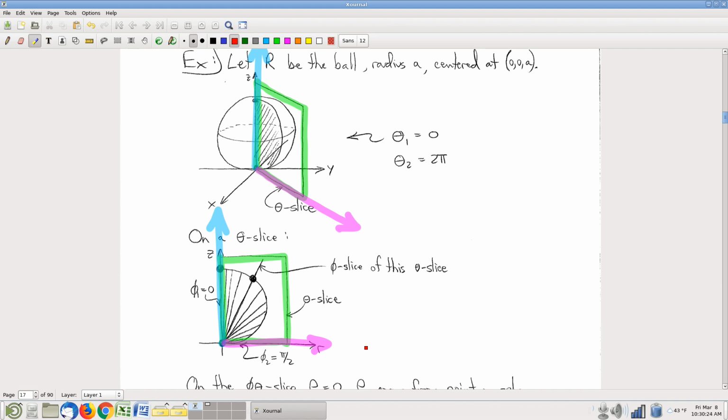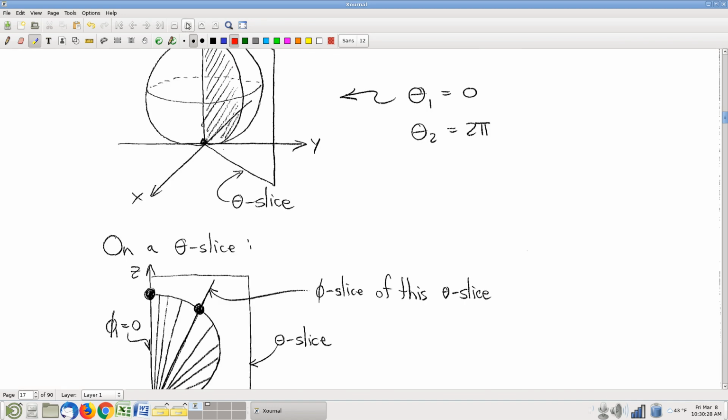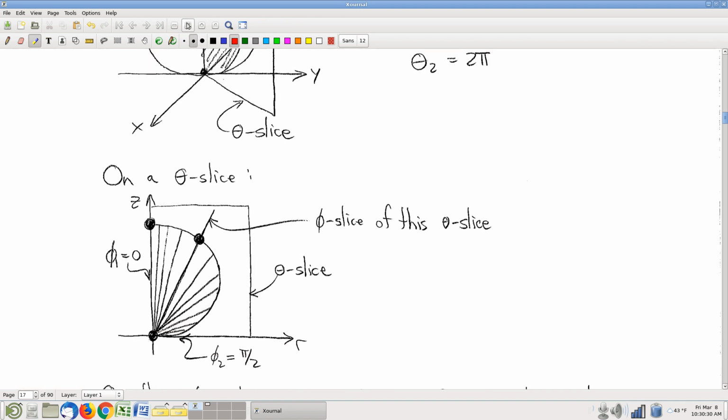Okay, enough of that. So looking back at our picture then, here is our theta slice that we are now looking at from a convenient point of view. We want to think about different values of phi. How many are these phi slices? Keep in mind, phi is measured off of the z-axis, like that.